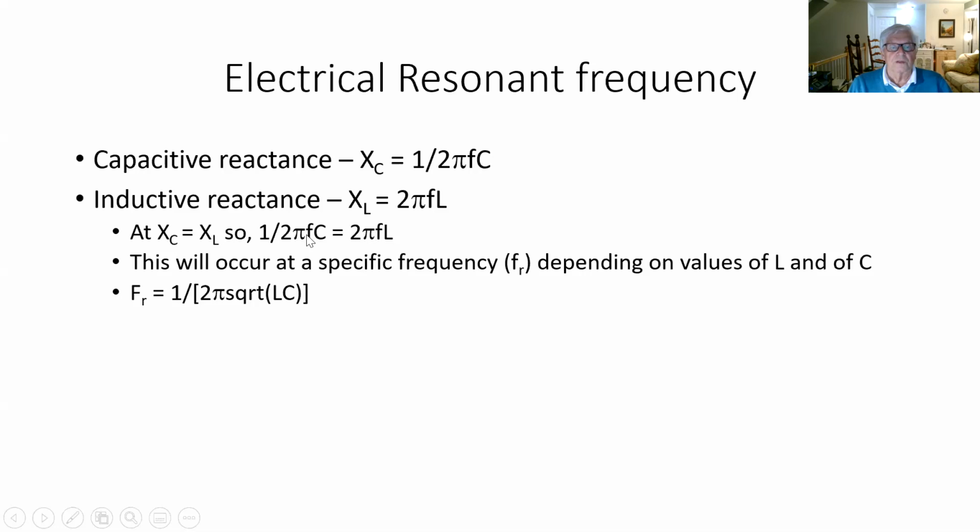They will be equal at a specific frequency, which is 1 over 2 pi times the square root of LC. So we evaluate that to give us the natural frequency, the resonant frequency.